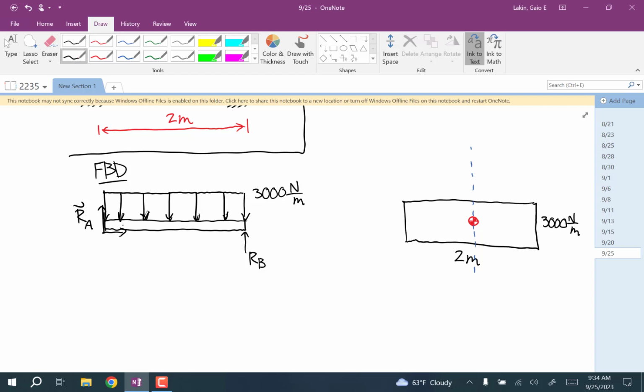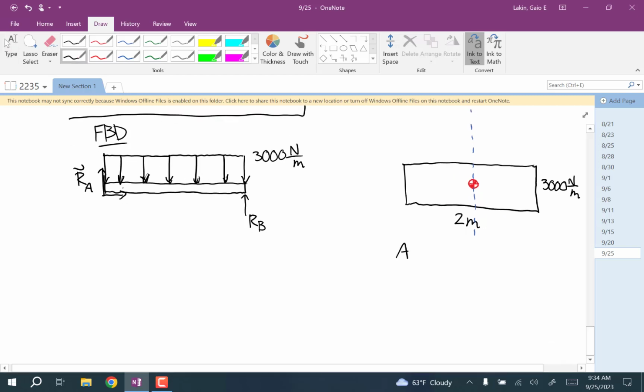And then what about the area? So the area of this shape is 3,000 newtons per meter times 2 meters. And the units work out because the meters cancel and you get newtons. And so the total area is 6,000 newtons.